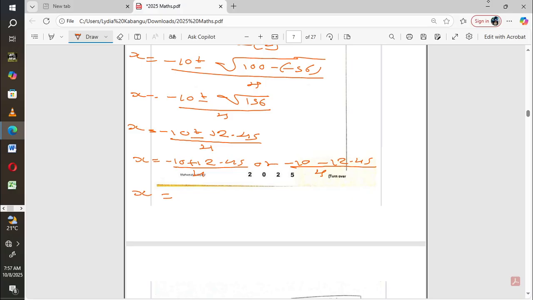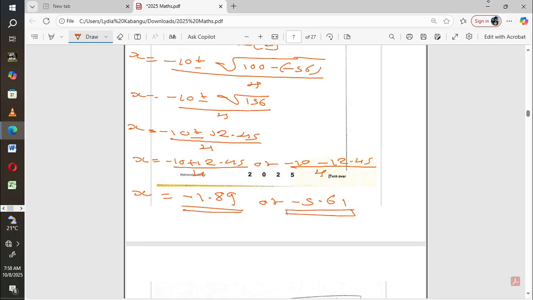You divide it by 4. We're going to have negative 1.89, to 2 decimal places. Or what is negative 10 minus 12.45? Then you divide it by 4, or negative 5.61.